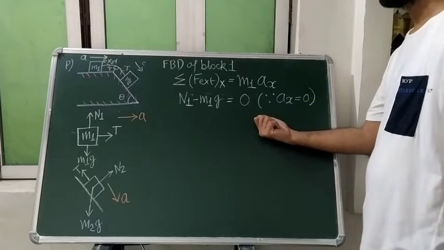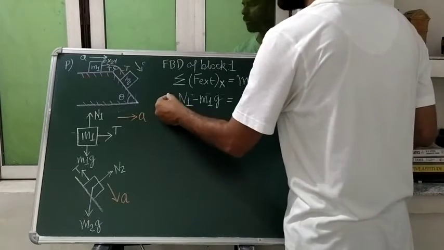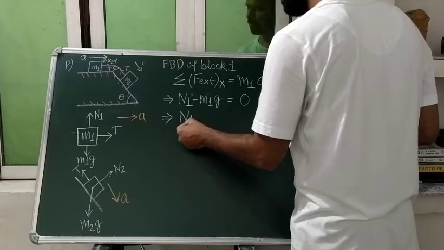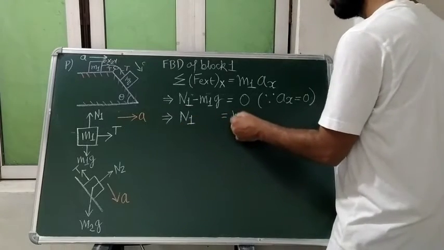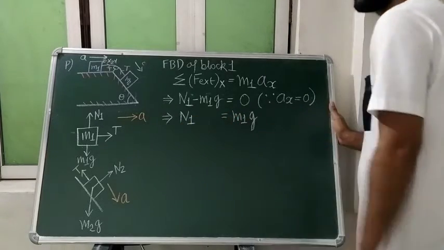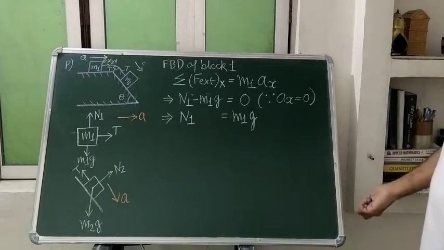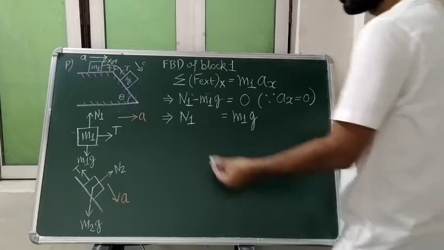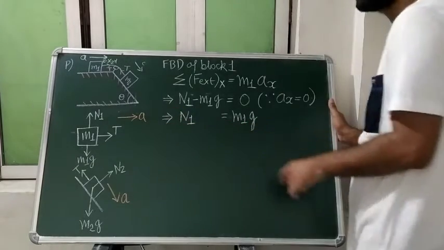Newton's first law. So n1 comes out equal to m1g. As I have told you, when acceleration is not present, the reaction equals the weight only. Keep this in mind.